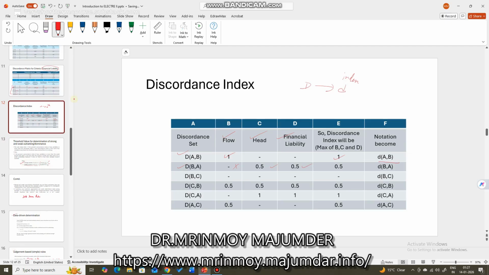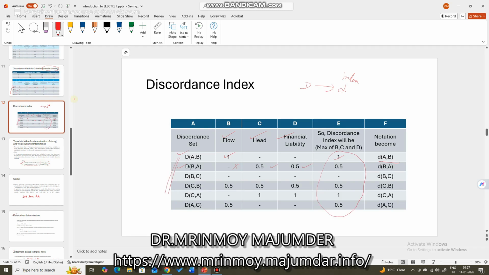Generally what happens in case of the data driven rule is that they average the discordance index values of all the questions or all the discordance sets.